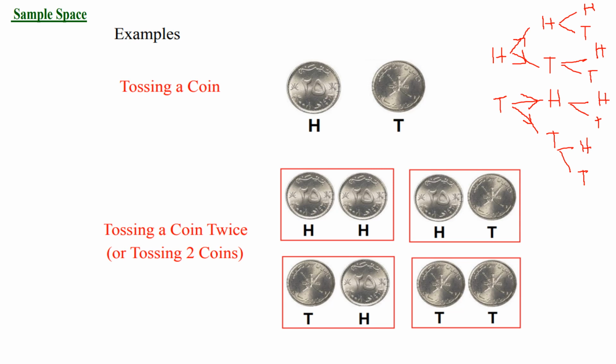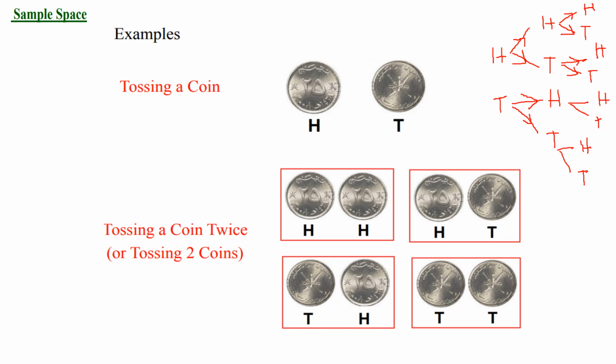Now the outcomes are: head, head, head; head, head, tail. You can follow the arrows. Head, tail, head; head, tail, tail.